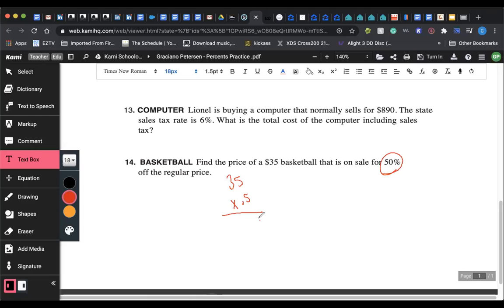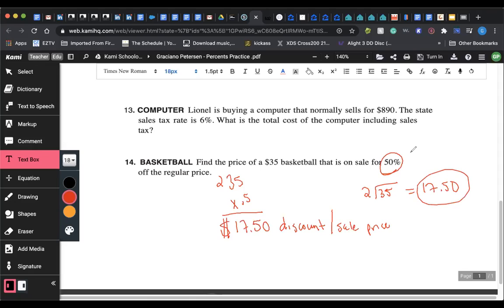You can do it this way, and we're going to end up with 17.50 dollars. That is the discount, and it is also the sale price, because when you subtract 17.50 from 35, you're still going to get 17.50, because 17.50 is half of 35. So when you divide 35 by 2, you're going to get 17.50.